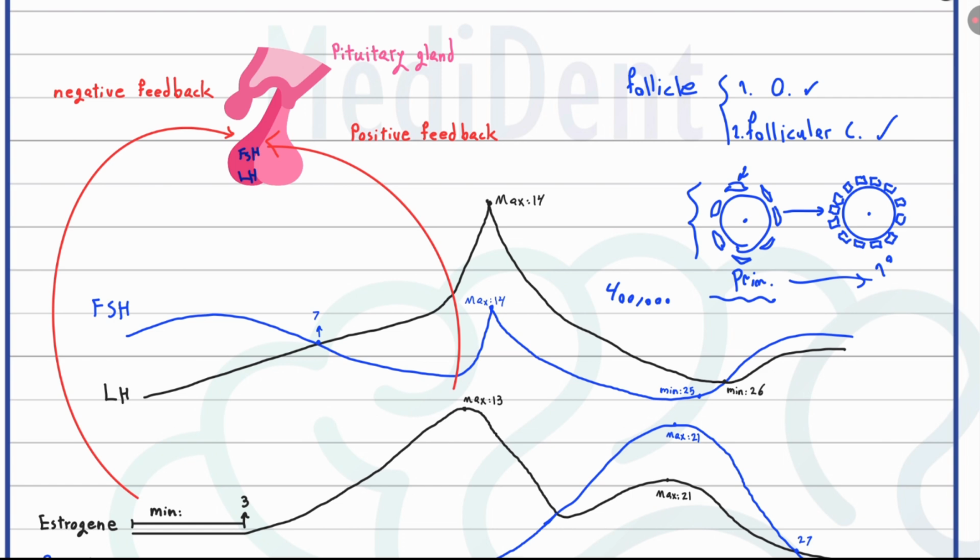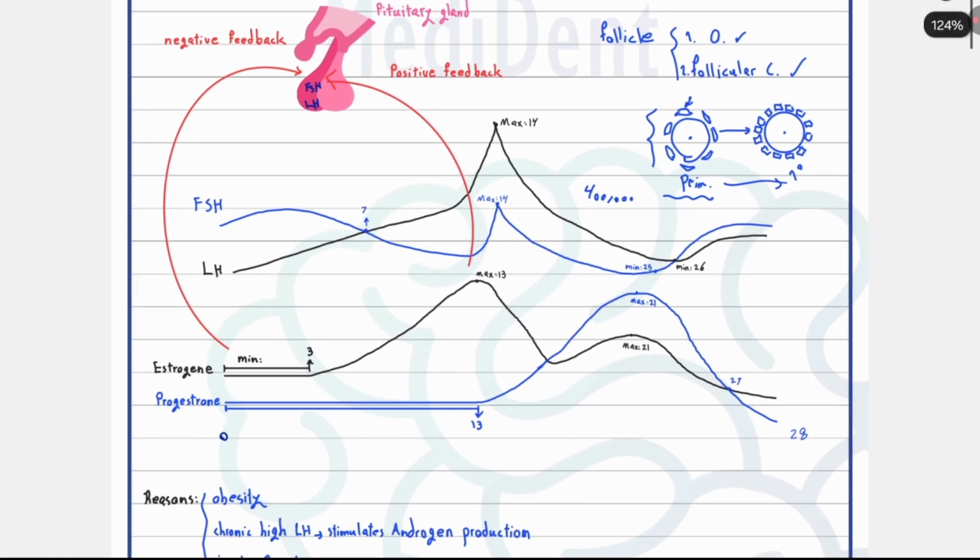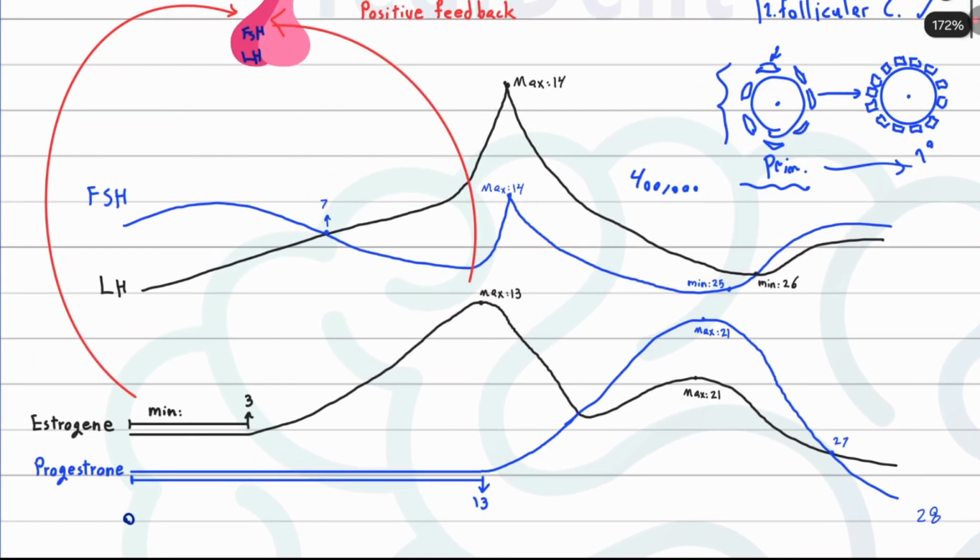And these follicular cells, in response to the effect of FSH, start to secrete a really important hormone known as estrogens. So approximately 3 to 4 days, in different references it's different, but approximately 3 days after the start of the new cycle, we can see that the estrogen concentration is getting high. And these estrogens are secreted by the follicular cells in the ovaries.